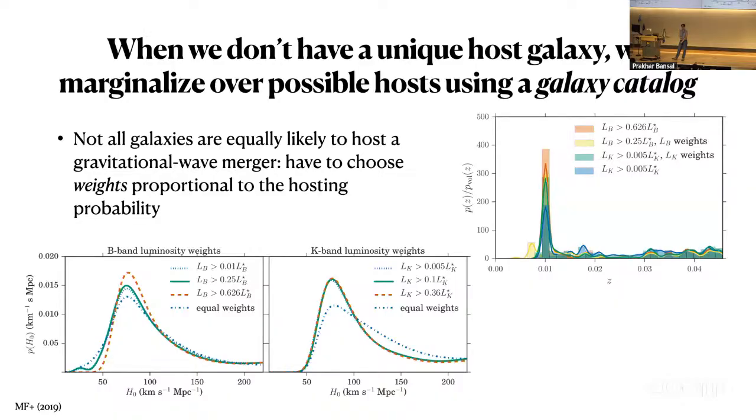Yeah, that's a really great question. So yes, you can definitely do that. And I should say you want to do it both for this sort of measurement, but also if you're trying to follow up a galaxy catalog and find a counterpart. Some of the teams that first found the counterpart to GW170817 had a galaxy catalog and wanted to rank which galaxies to point their telescope at first.